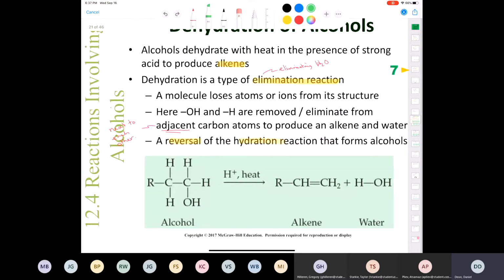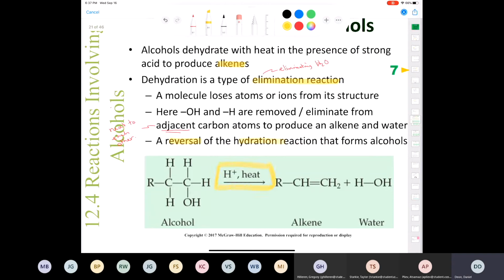What did you add besides acid? It wasn't just acid. It's acid and what? Heat. Okay? And what does heat cause? Heat causes H2O to evaporate and leave the molecule. So that's the key difference, that you're adding heat.